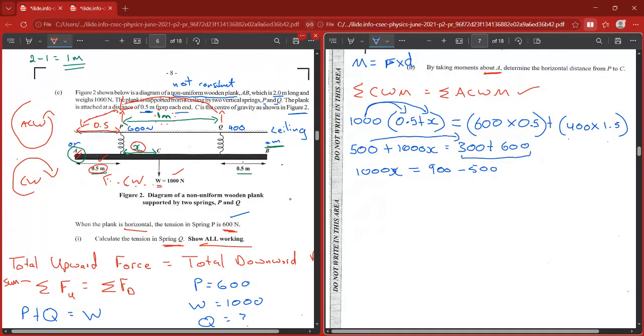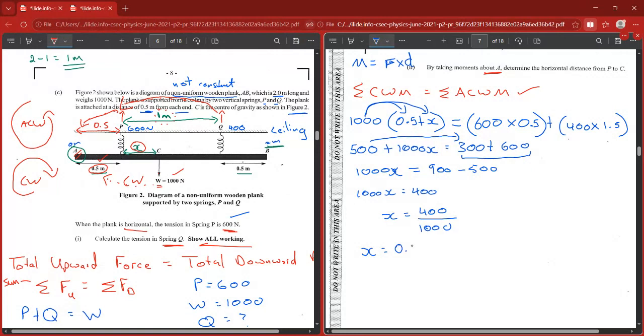So I have 1000x equal to 900 minus 500, which is 400. So x is therefore equal to 400 divided by 1000, which is 0.4.